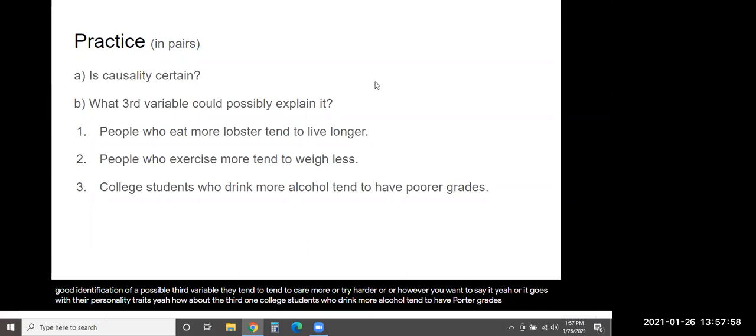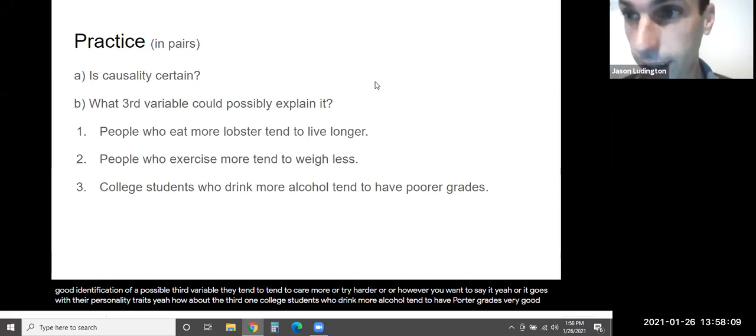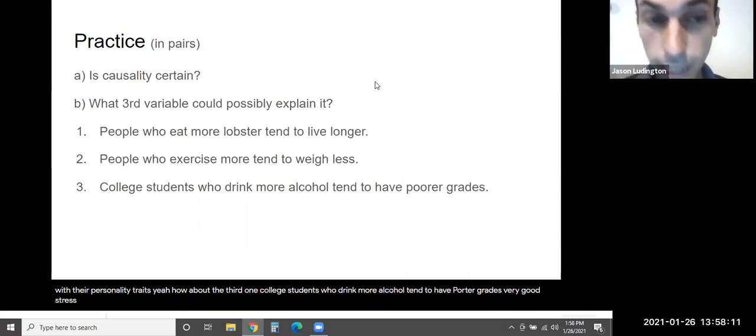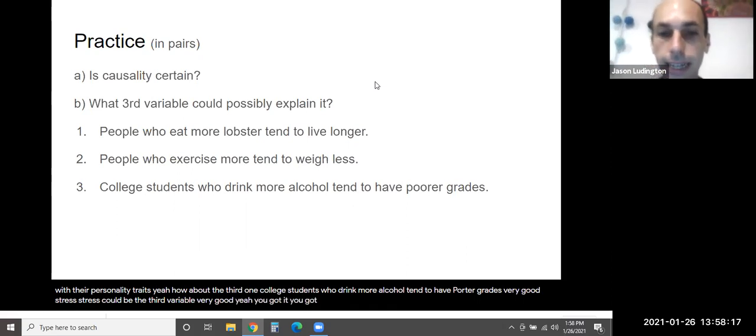It can be stressful for them, they might not be as good in time management, and they might also have to deal with personal issues too. Very good. Stress could be the third variable. You got the idea now.